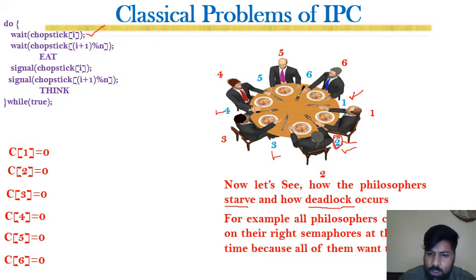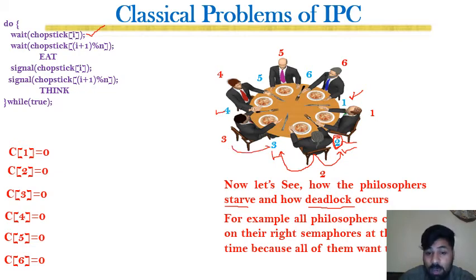And this chopstick has been held by this philosopher, who has also issued a wait call for this, but that was held by the third philosopher. In this way, a cycle has been formed.